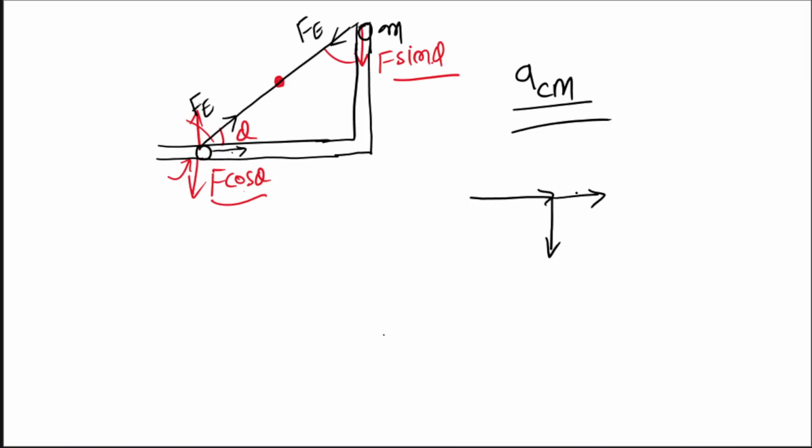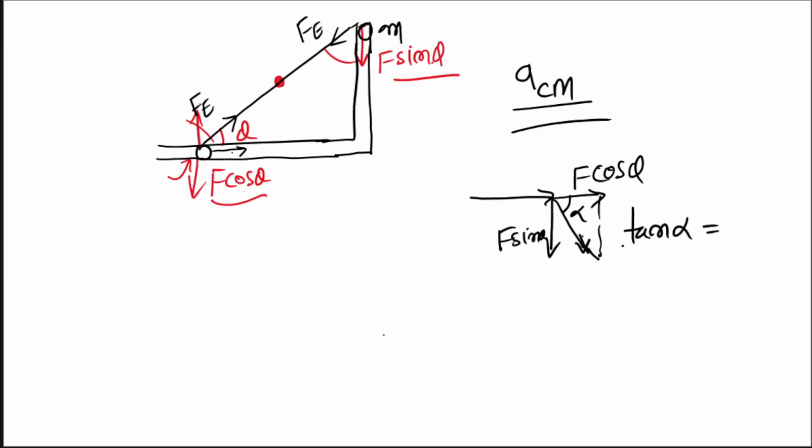So if you calculate carefully, this is your F cos theta and this is your F sin theta, and the resultant will be somewhere here, such that let's say this resultant makes an angle alpha with the x-axis direction. Okay, so if this is alpha, you can easily find alpha.